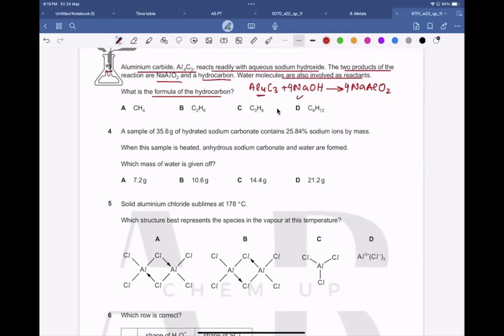So sodiums are balanced. So 4 times aqueous sodium hydroxide. So it means the reaction is with water as well. It's aqueous, right? Water molecules are also involved as a reactant, so water can be there as well.